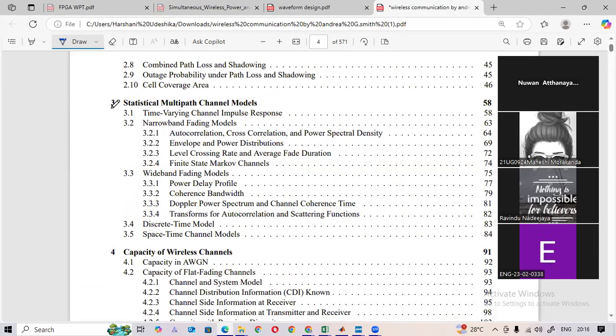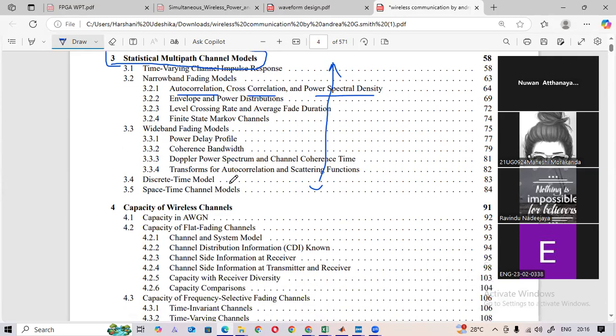So your second question will be based on this one. Basically you should have the idea of what autocorrelation is, what cross correlation is, power spectral density, and the coherence bandwidth. So these things basically you need to know.